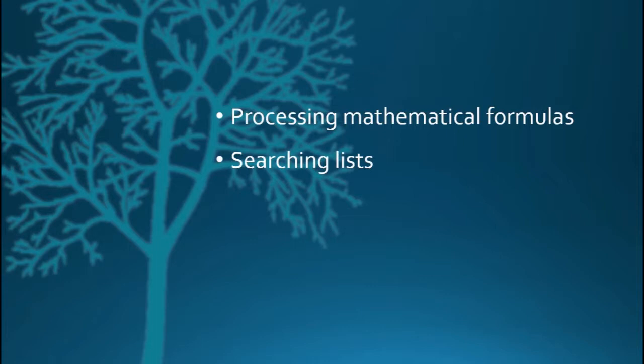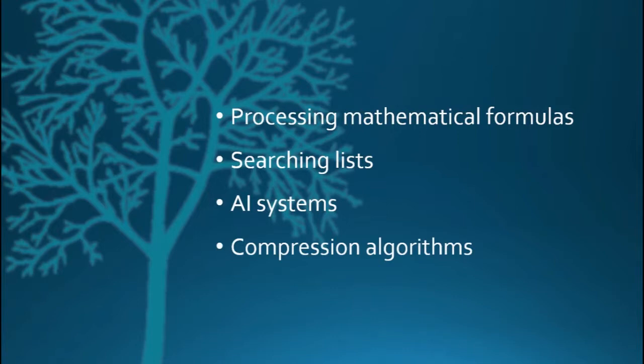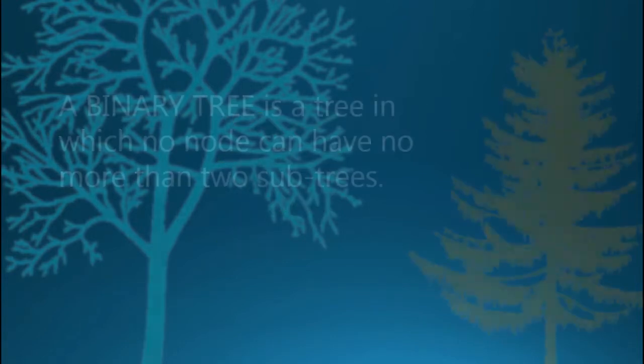It's used for searching lists because we can create a binary structure that subdivides the amount of data together and searches it very efficiently. It's used in artificial intelligence systems. It's also used in compression algorithms. The Huffman encoding algorithm uses a binary tree method in order to do zip encoding.